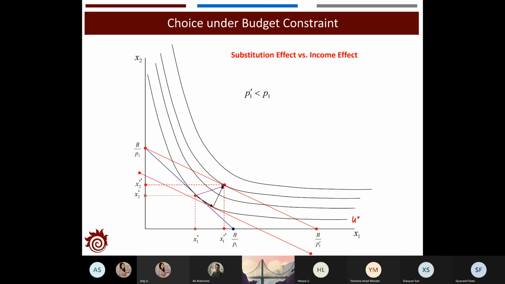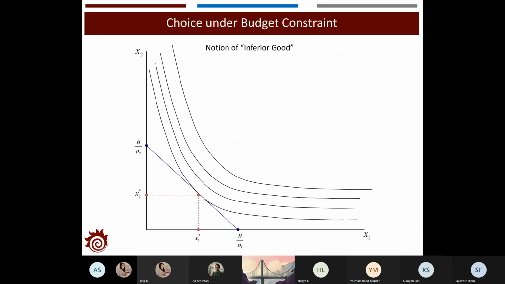And then from this new point to the final optimal point, it's called the income effect. So those are the two parts we defined for the effect of the price: one is the substitution effect, the other is the income effect. By combining them together, that will be the total effect. So that's how we define it for the normal products.